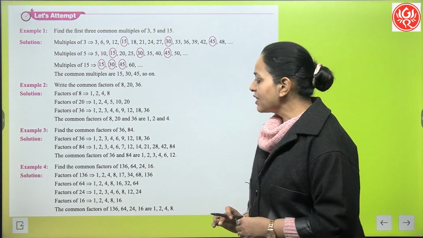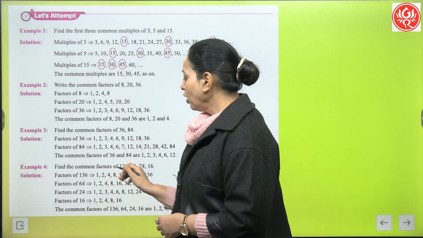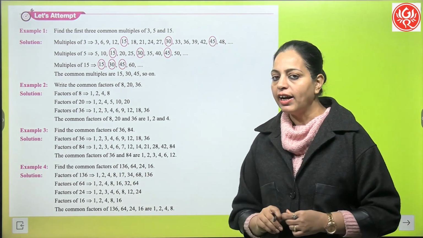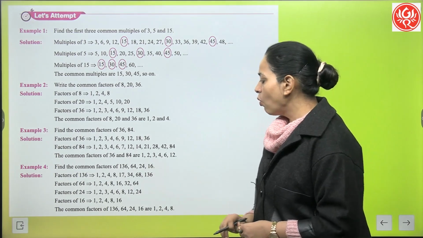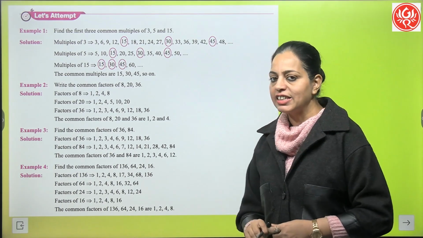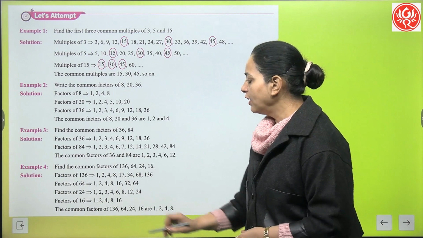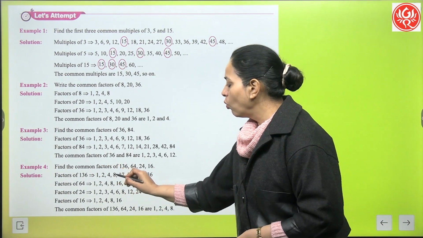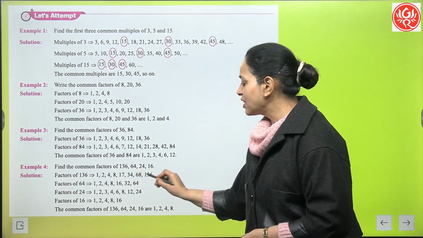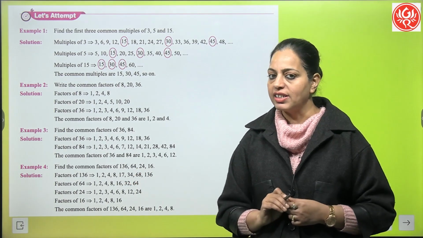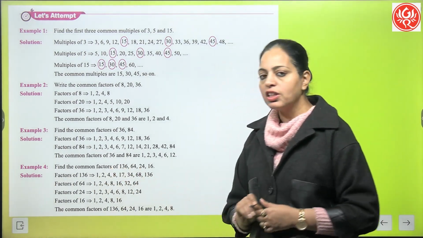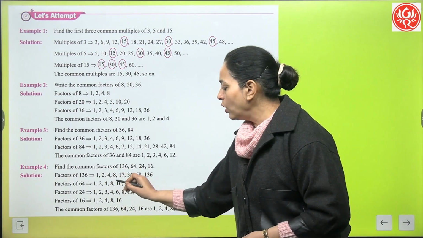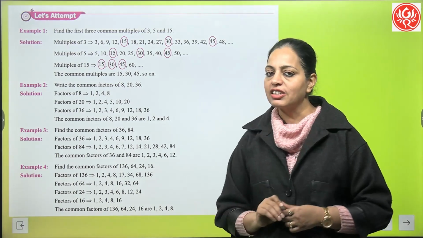Okay. The next is example 4. Find the common factors of 136, 64, 24 and 16. So first of all we will find factors of 136: 1, 2, 4, 8, 17, 34, 68 and 136. Then factors of 64: 1, 2, 4, 8, 16, 32 and 64.